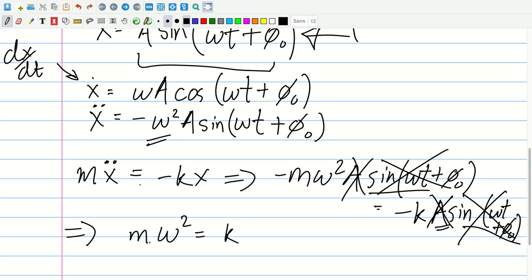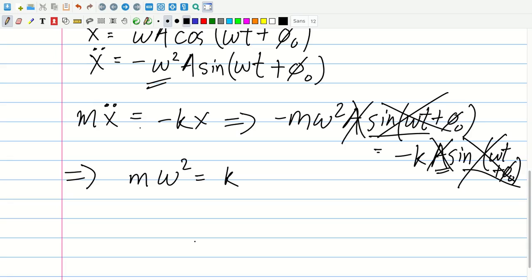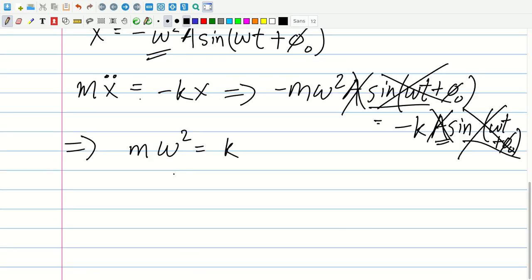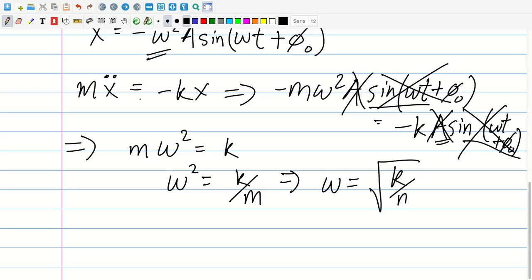M is the mass of the actual object that's on the spring, and k applies to the spring. So omega squared equals k over m, which implies that omega has to be the square root of k over m, if we're implying that omega has to be non-negative. So we get that nice equation.